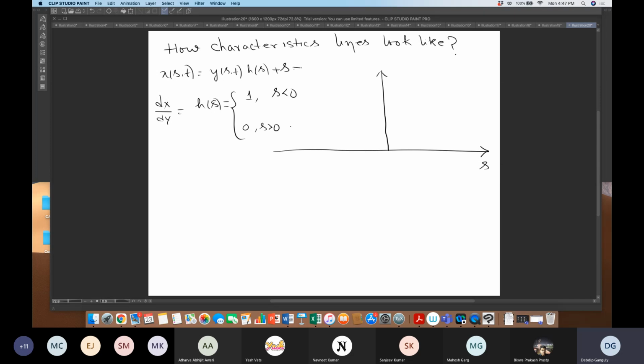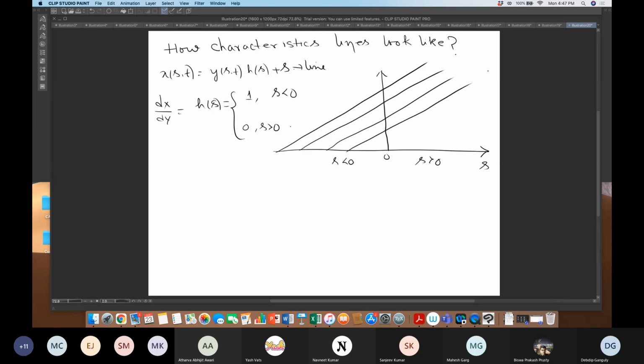So these are straight lines. What happened?